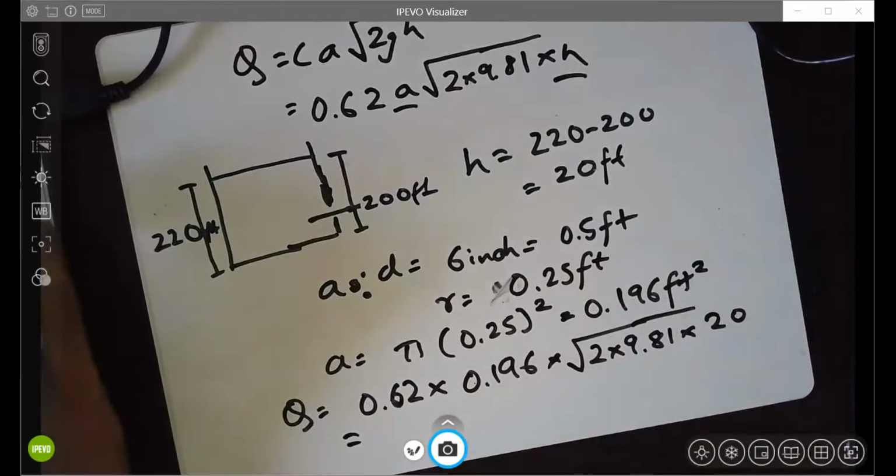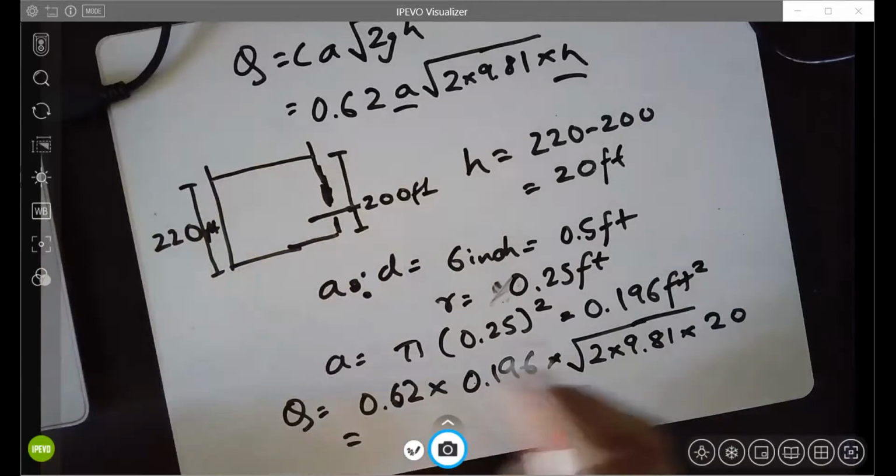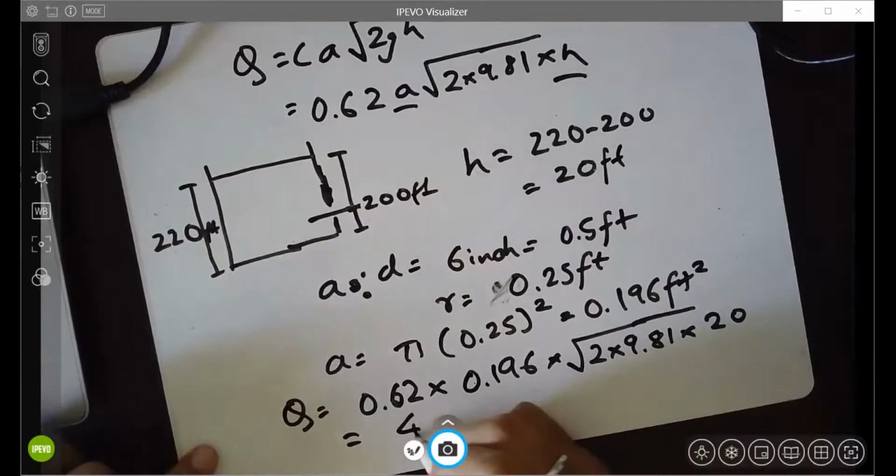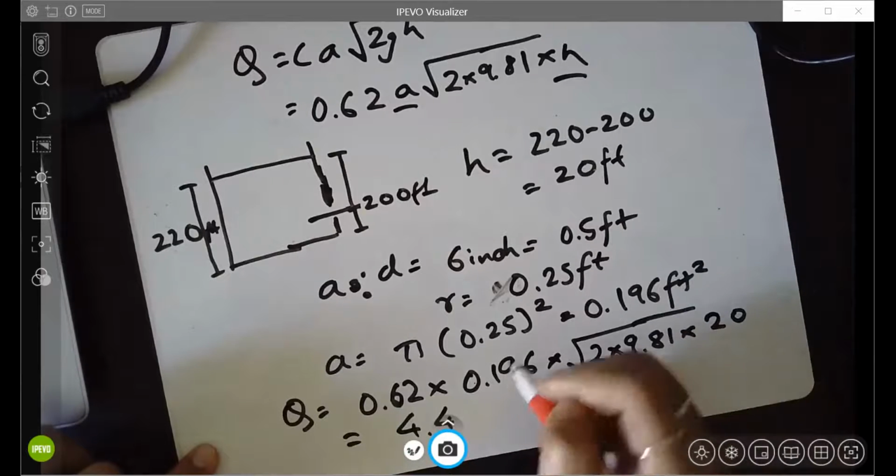The final answer is 4.4. Now what's the unit?